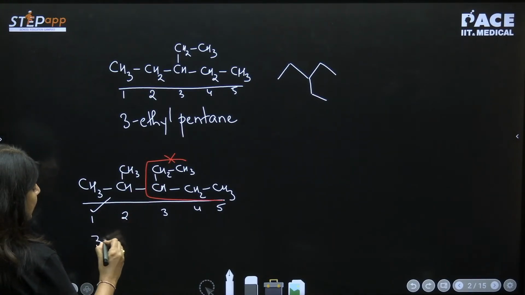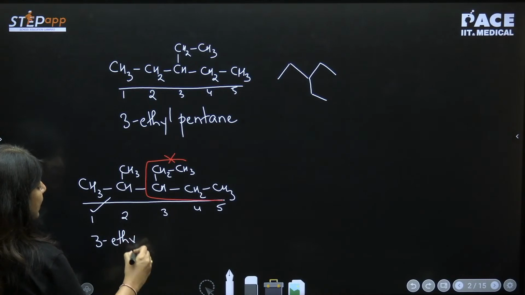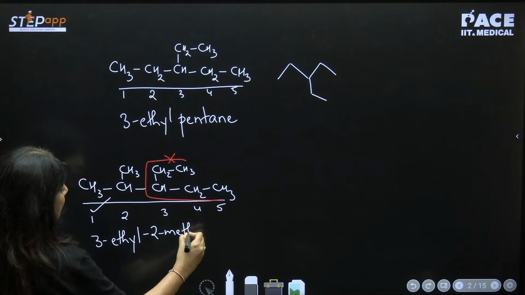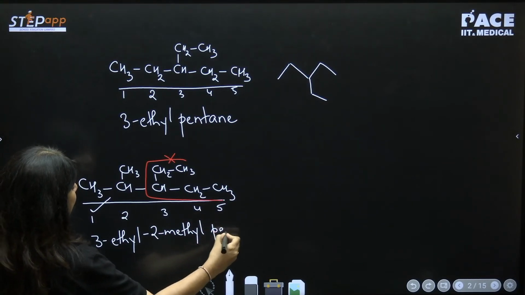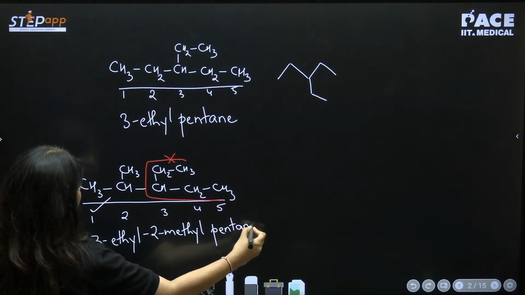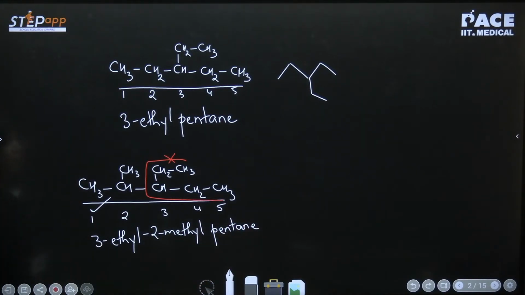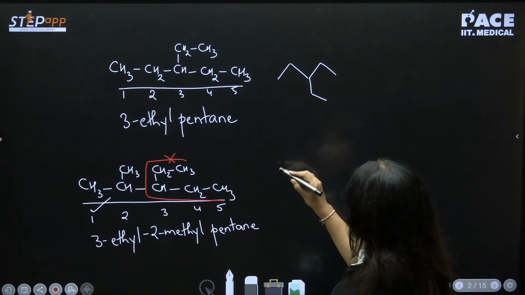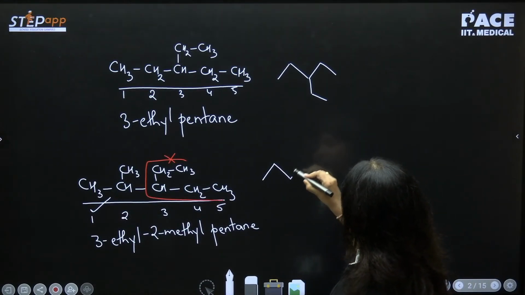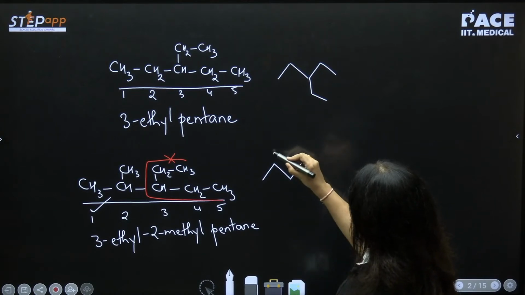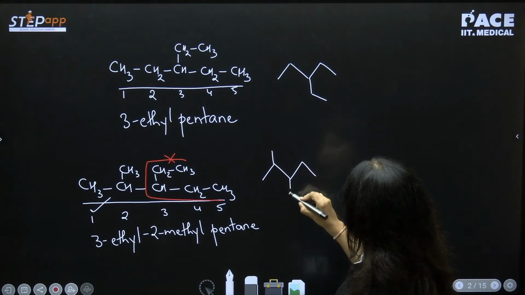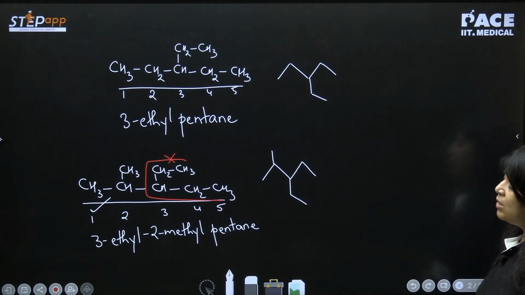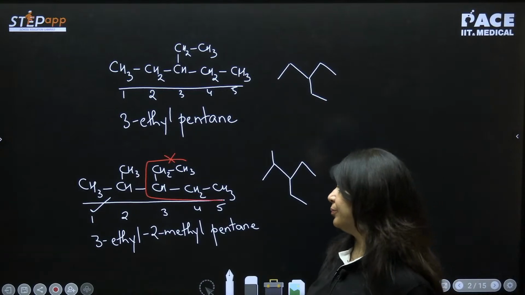So it is 3-ethyl because the ethyl is on the 3rd carbon, 2-methyl pentane. 3-ethyl 2-methyl pentane. The bond line for this: in all there are 5 carbons in the parent. The 2nd carbon has a methyl, the 3rd carbon has an ethyl group. So this is 3-ethyl 2-methyl pentane.